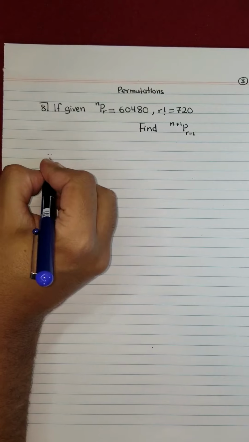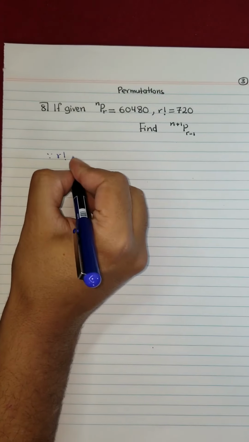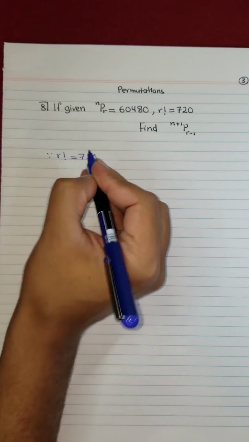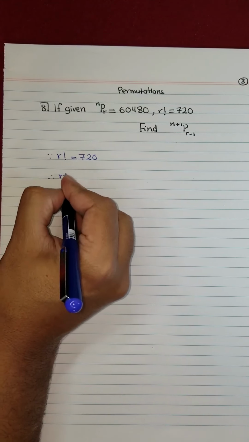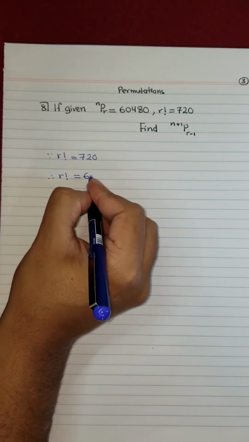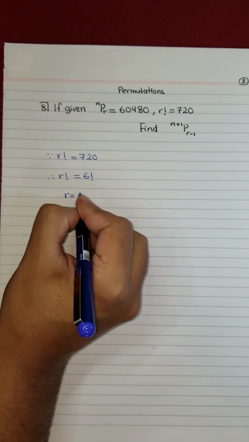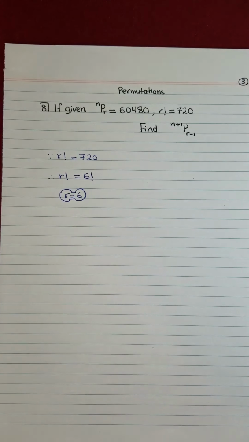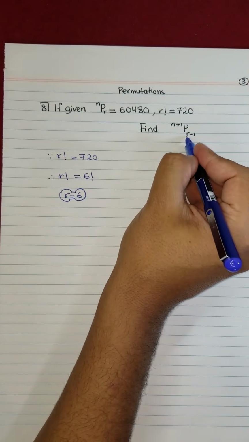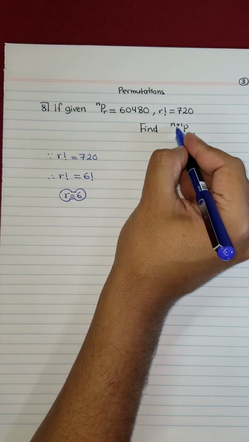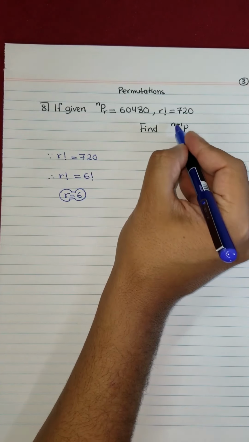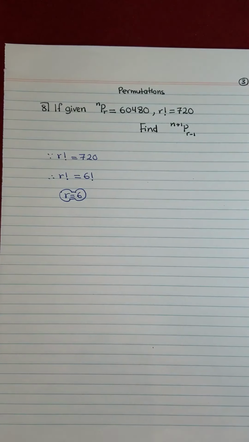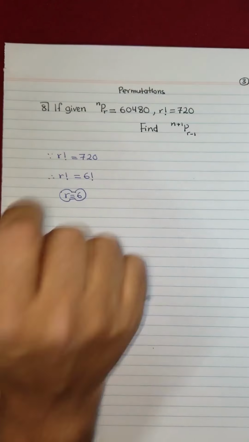Because r factorial is equal to 720, and we know that 720 is actually 6 factorial, therefore r is equal to 6. So now we found the value of r. We can substitute it here and find r minus 1, which is 5. But we still need n. Where do we find n from? We'll find it from here.